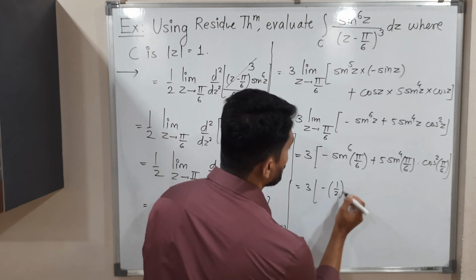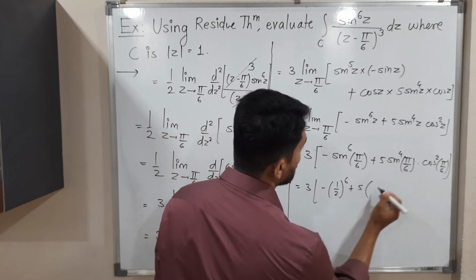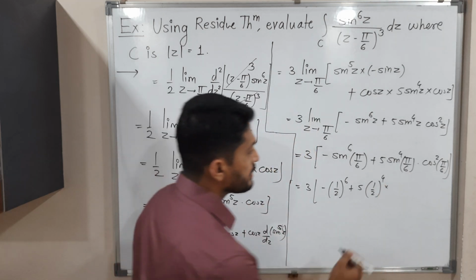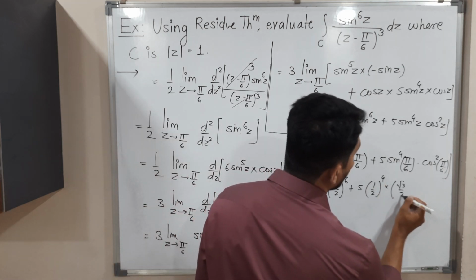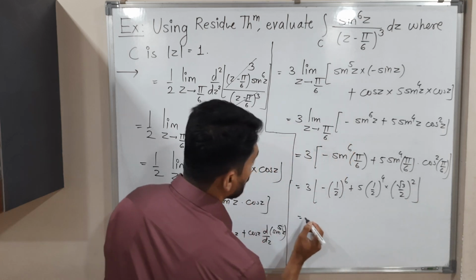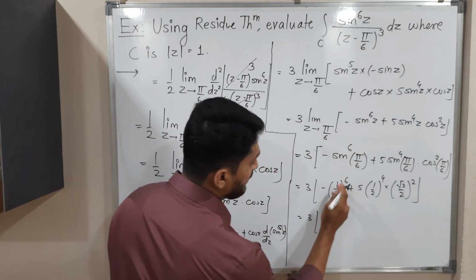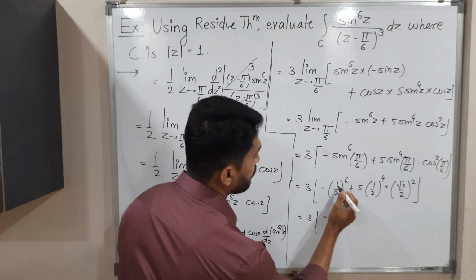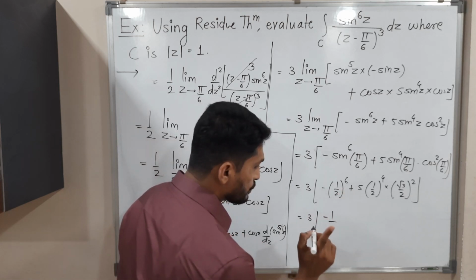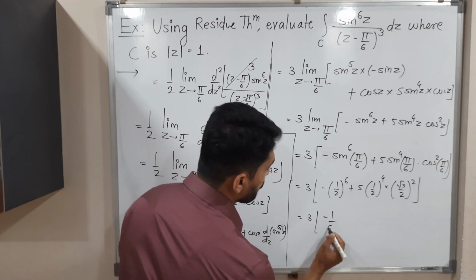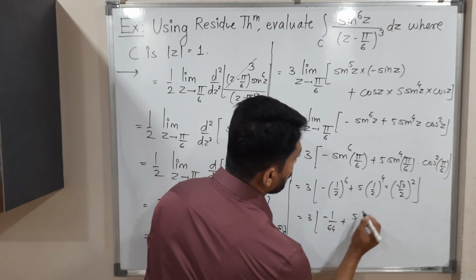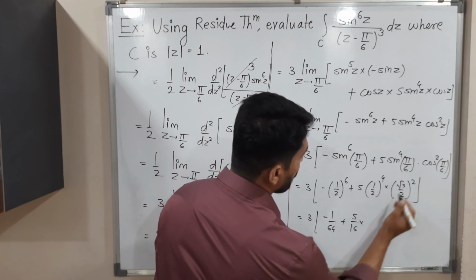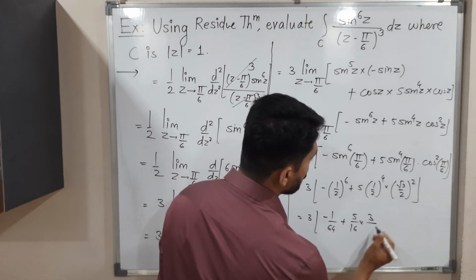So it is 1 by 2 raised to 6, 5 times sine pi by 6, 1 by 2 raised to 4, and cos pi by 6 is root 3 by 2, squared. So 3 times, I am taking a separate power of numerator and denominator, minus 1 raised to 6 is 1, 2 raised to 6 is 64, plus 5, 1 raised to 4 is 1 itself, 2 raised to 4 is 16, root 3 square is 3 and 2 square is 4.